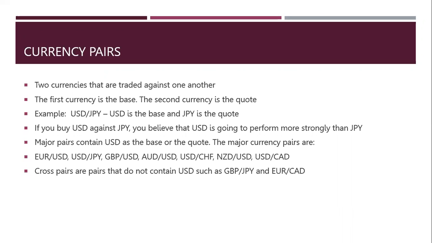So USD is the base and JPY is the quote or the counter. If you buy USD against JPY, you believe that the USD, the United States dollar, is going to perform more strongly than the Japanese yen.